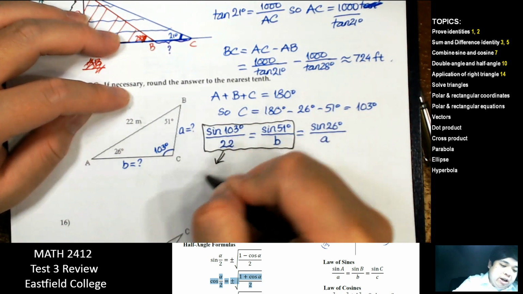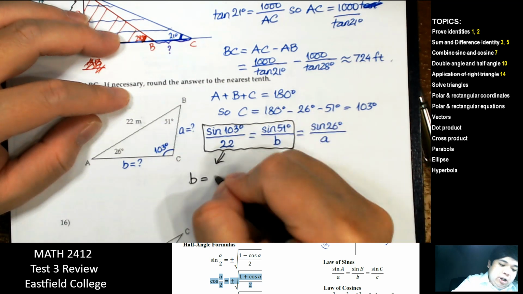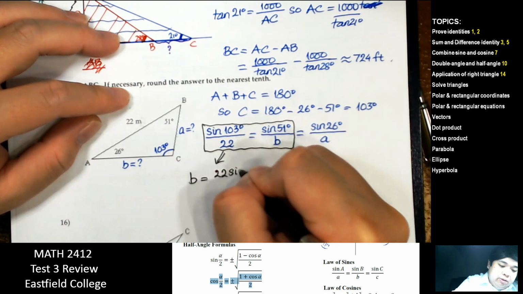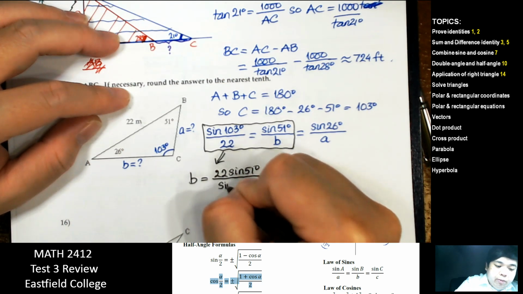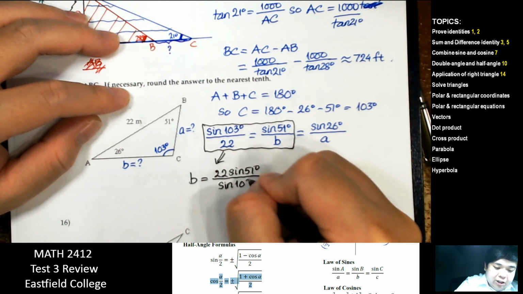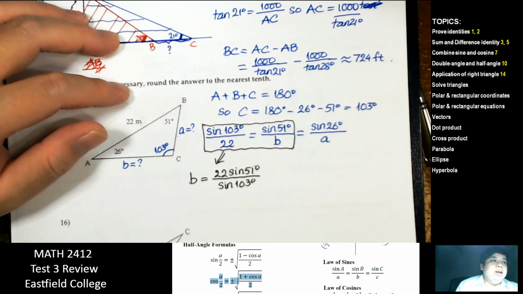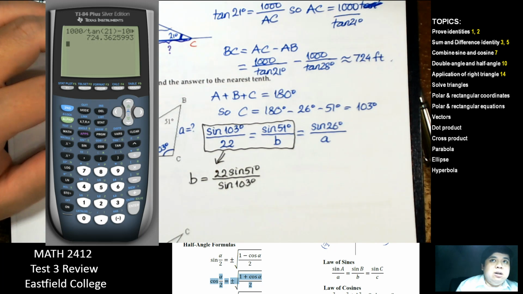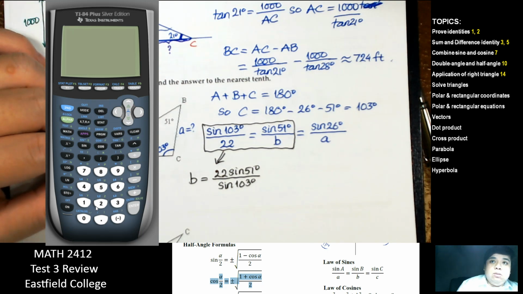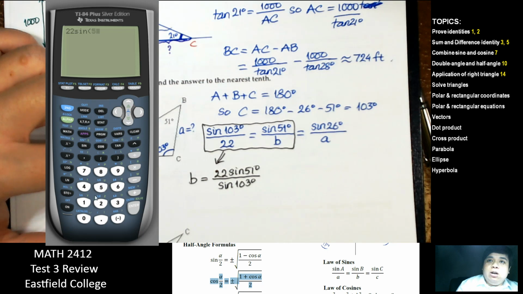From here, just group that ratio and we can solve for b. So from here we have b equal to 22 sine of 51 over sine of 103 degrees. So calculator, sine of 51 divided by sine 103.